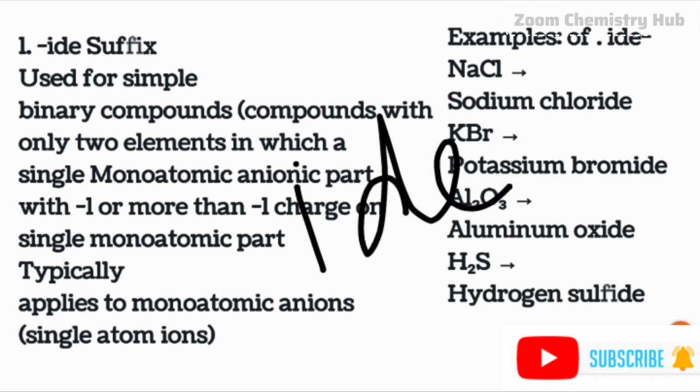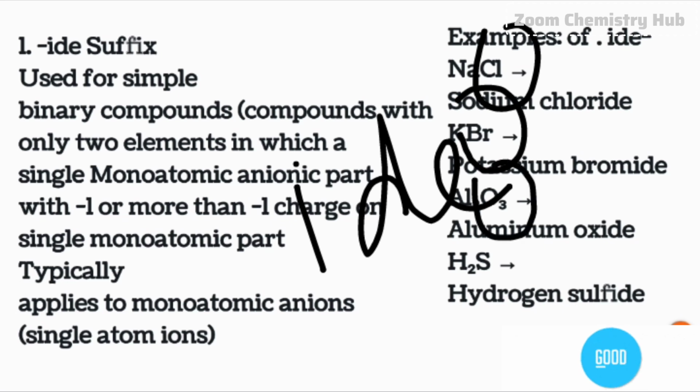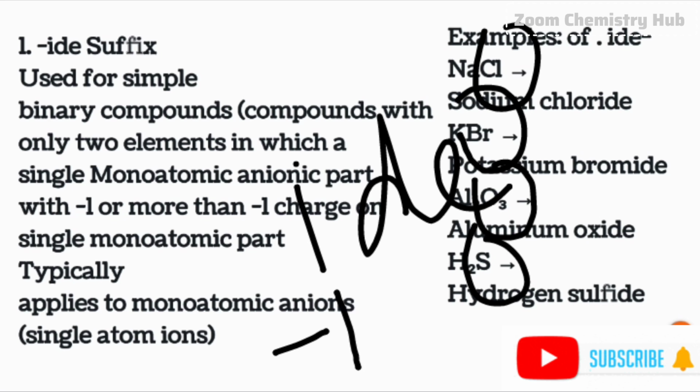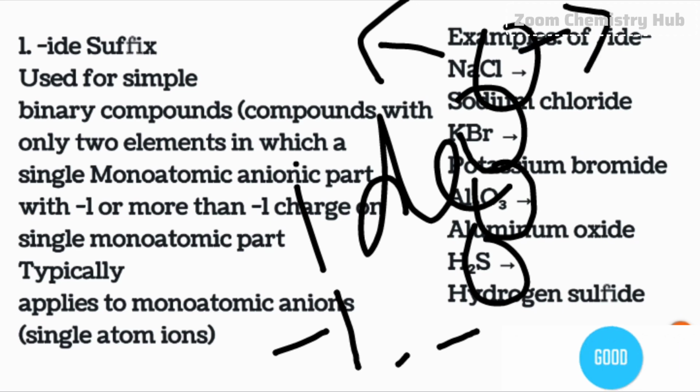In these you can see that there is a single monoatomic ion which carries a charge of -1 or more than -1, it may be -2 or -3, but the condition is that it is a binary compound containing a metallic part, and the non-metallic part is the monoatomic ion, negatively charged.